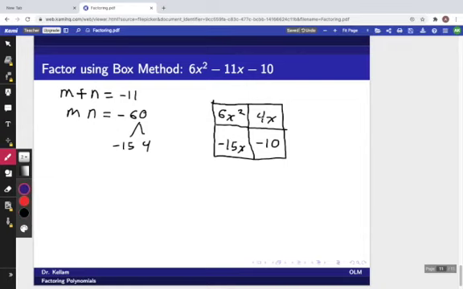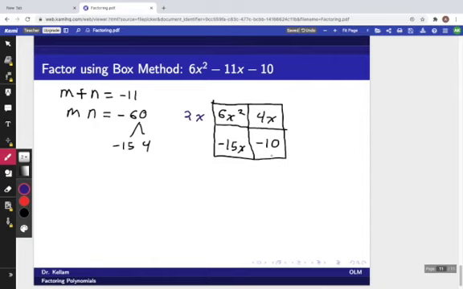Now we look at the top two terms and we ask ourselves, what is the greatest common factor? Well, the greatest common factor of 6x squared and 4x is 2x. I look at the bottom two, negative 15x, negative 10.